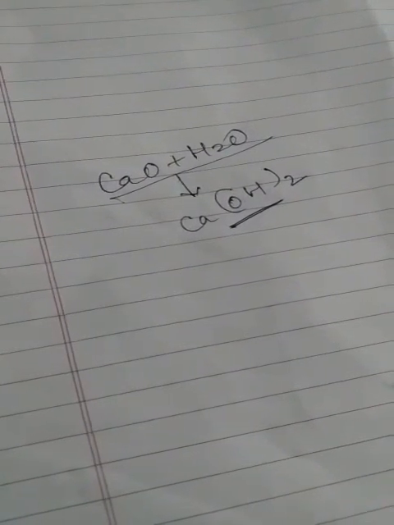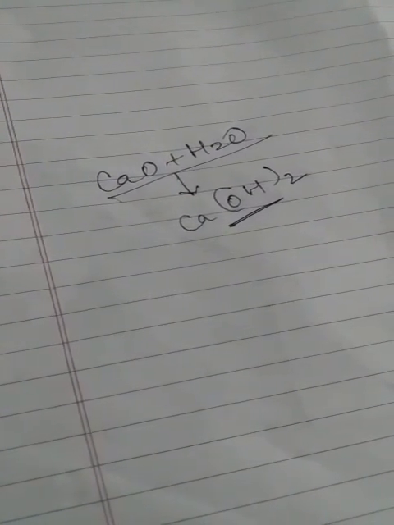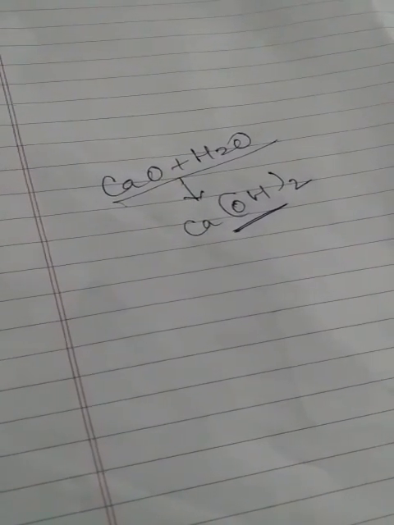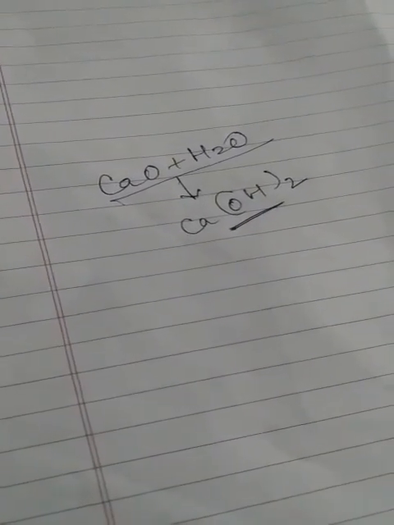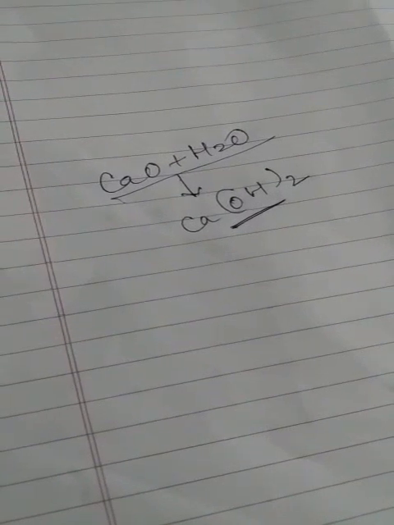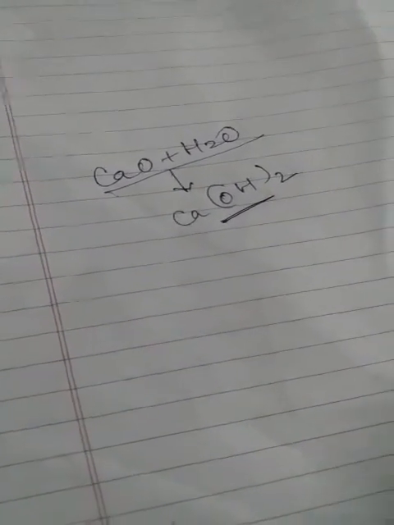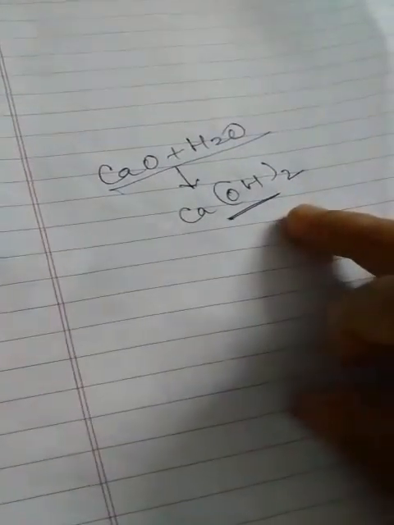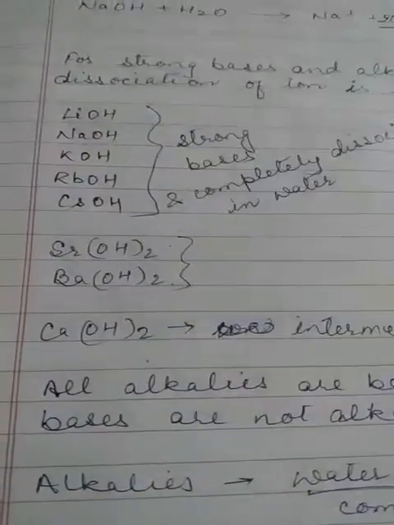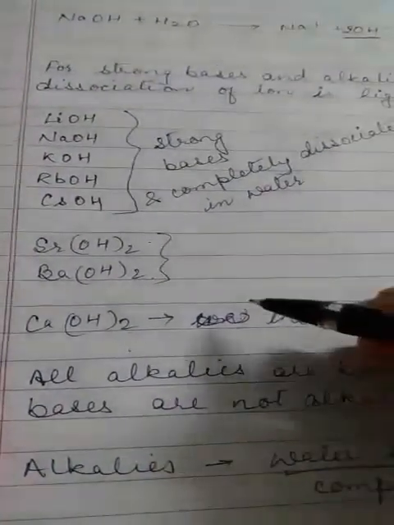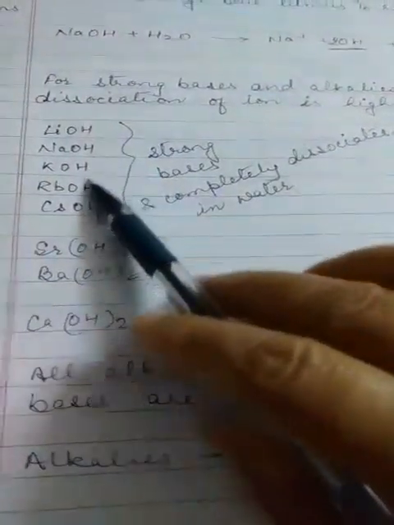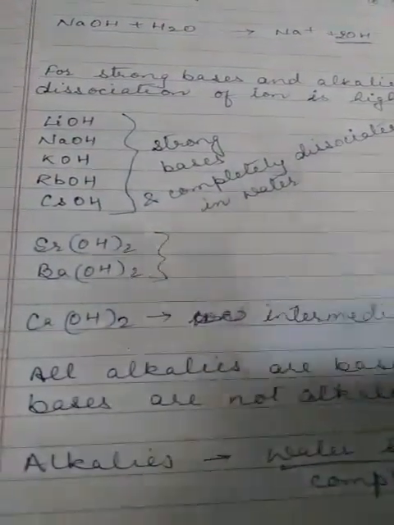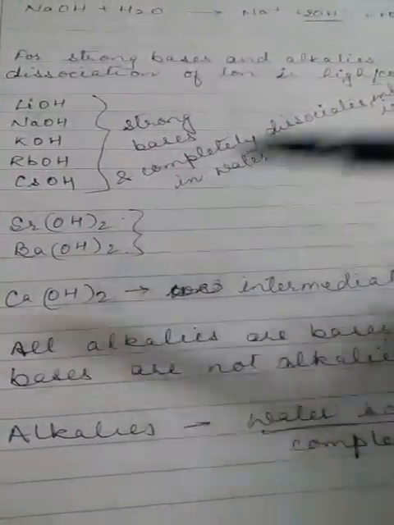After some time, calcium hydroxide precipitates, and we used to mix it regularly when using this solution for whitewashing. So, calcium hydroxide does not completely dissociate like lithium, sodium, potassium, rubidium, strontium or barium hydroxides.